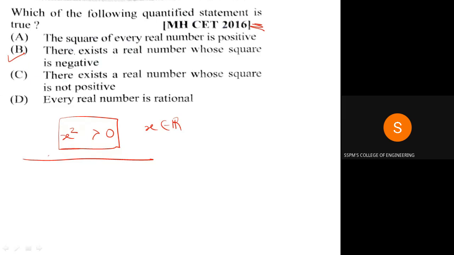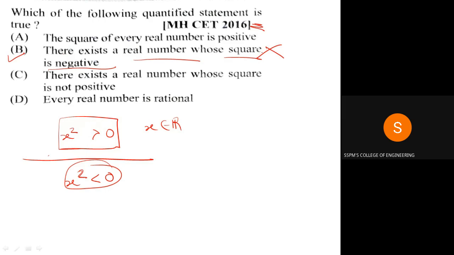There exists a real number whose square is negative. Do you know any real number whose square is negative? No. So there is no real number whose square is negative. So this is false.